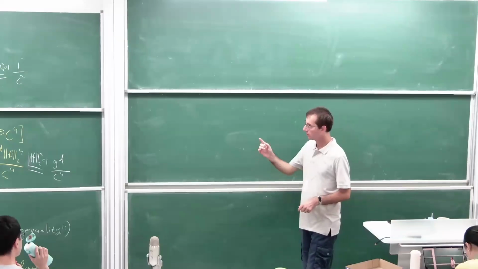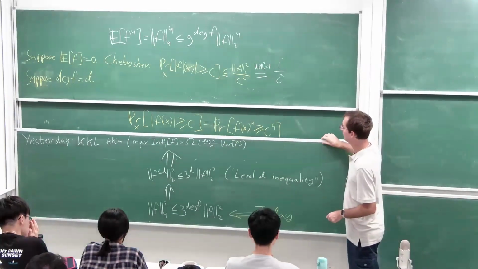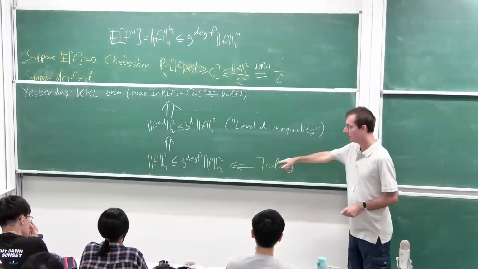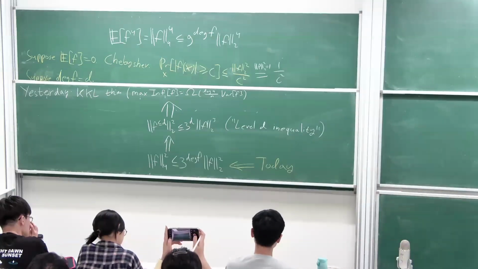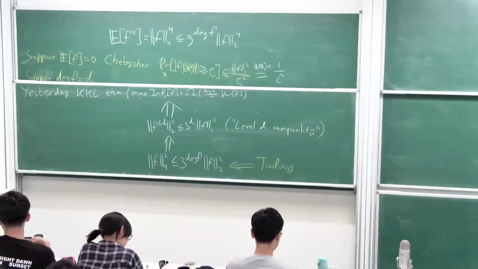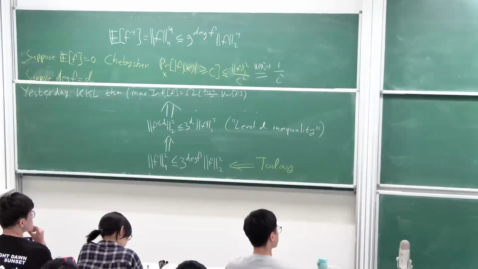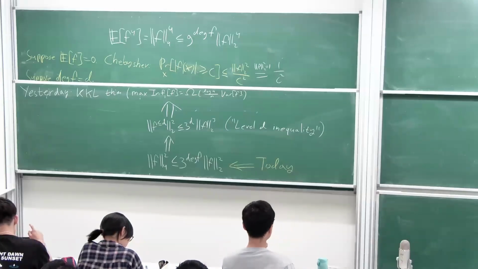This was just a quick comment about why the correct way to think about this inequality is as some kind of concentration inequality. It also implies anti-concentration, but we won't show it. Okay, questions?